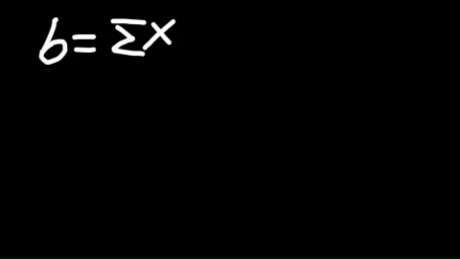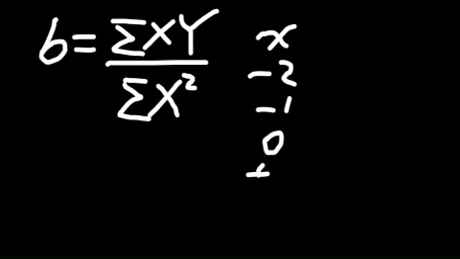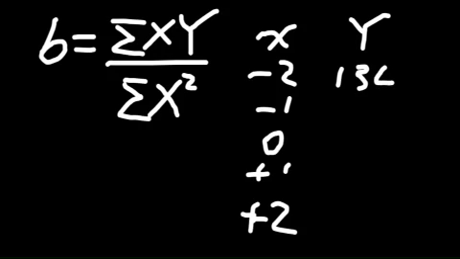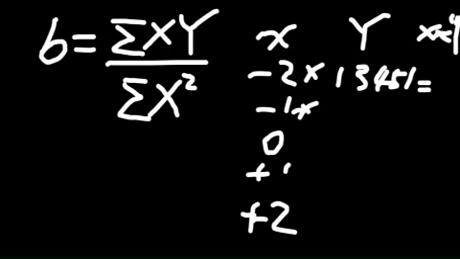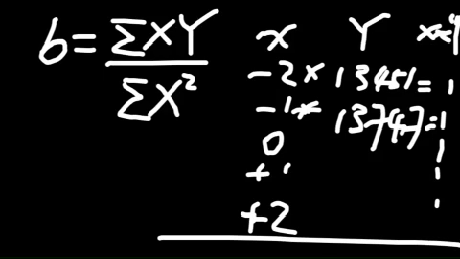That is sigma xy divided by sigma x squared. So you have your x, you have your y, and sigma xy means x times y. So this one times this one times 13747, and your time is 1 by 1, and then add them up.